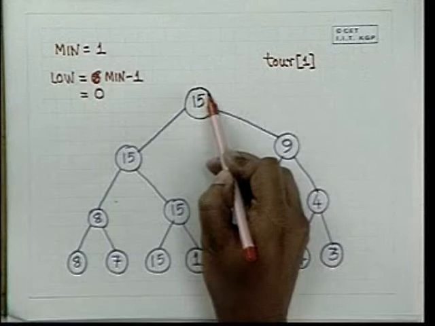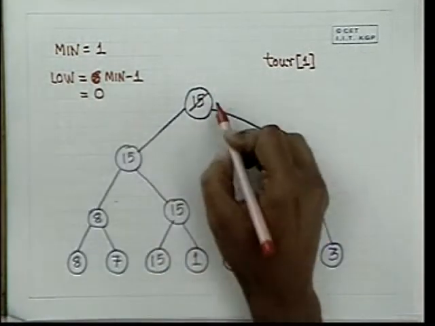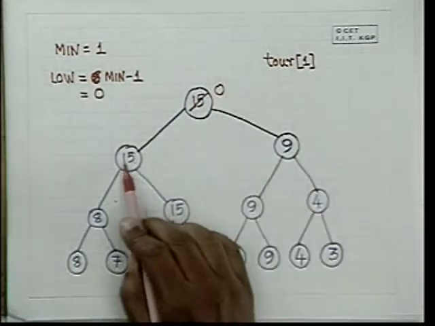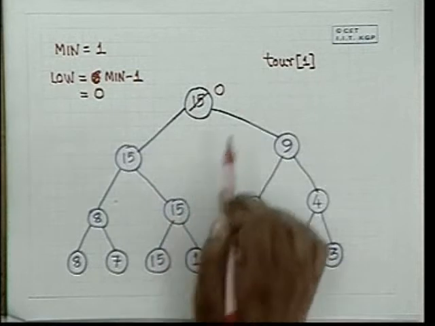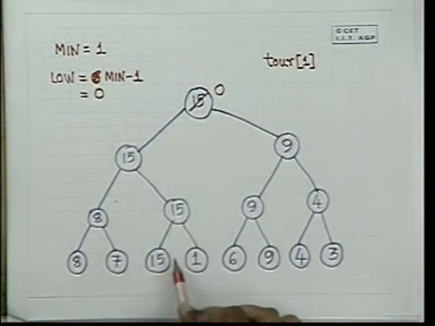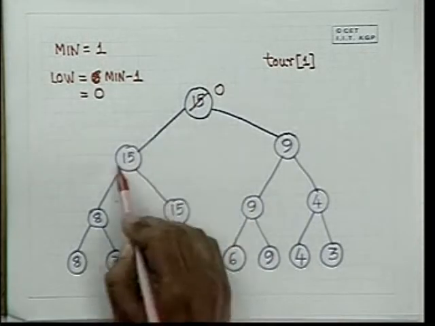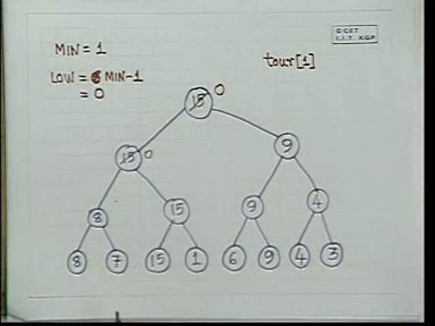So this one we replace by low, which is 0. We compare which is larger of the two, and when we go down, we just convert all numbers which are having the largest value to low. So we come here, compare these two, the larger of the two we assign to low.